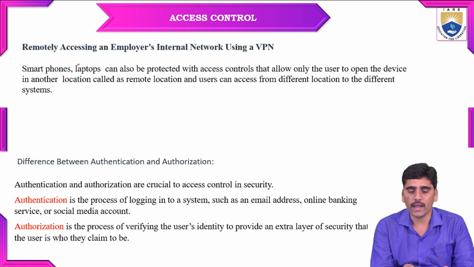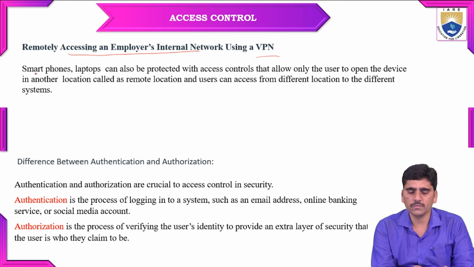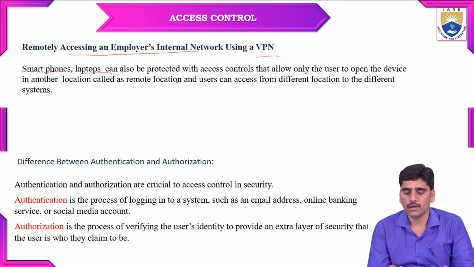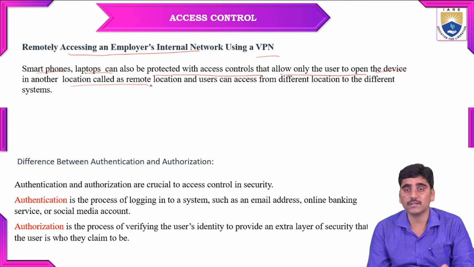And remotely accessing an employer's internal network using a virtual private network, or VPN. Smartphones and laptops can also be protected with access controls that allow only authorized users to open the device from another location, called a remote location.